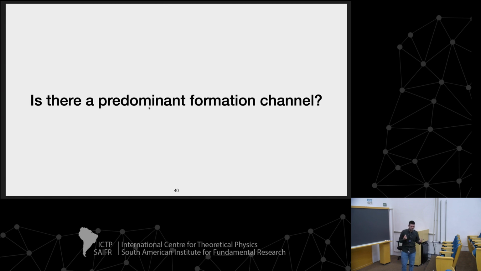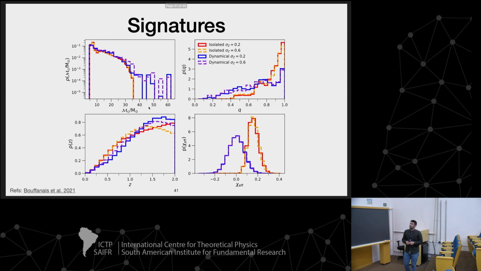Okay, so now that I showed you that at least we need two formation channels to explain gravitational wave observations, you might ask, is there a predominant formation channel? Is one of the two contributing more to the formation of black holes actually observed by LIGO Virgo? What you can look at are signatures.